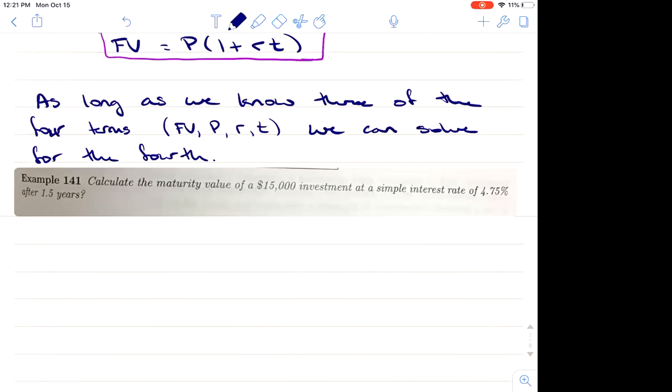The maturity value is the future value. So P is 15,000. The rate, at a simple interest rate of 4.75, I'm going to start just writing 0.0475.